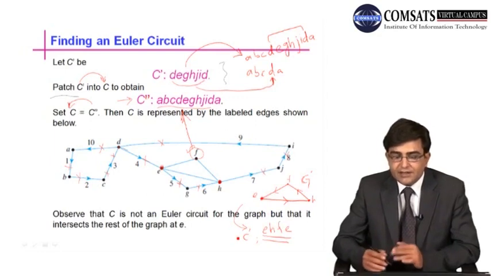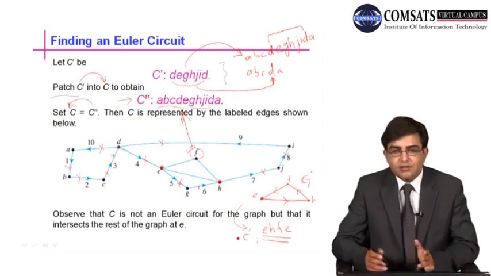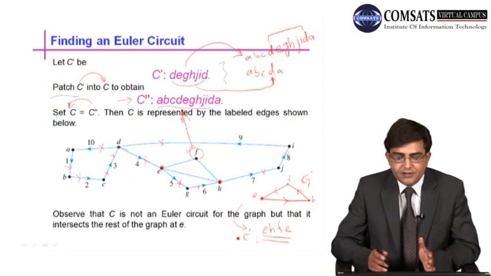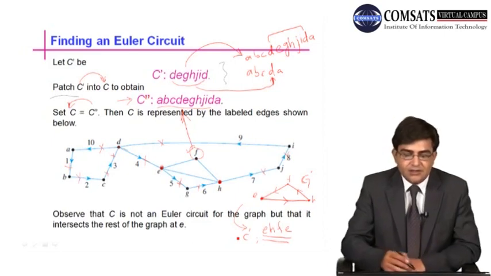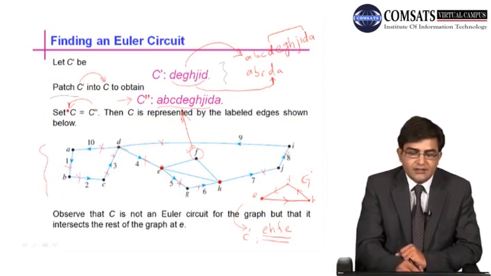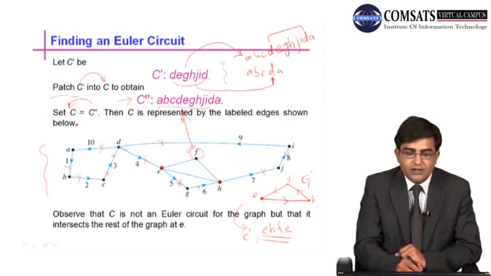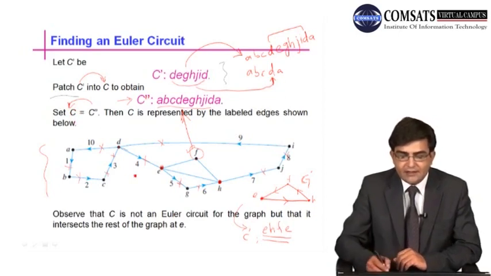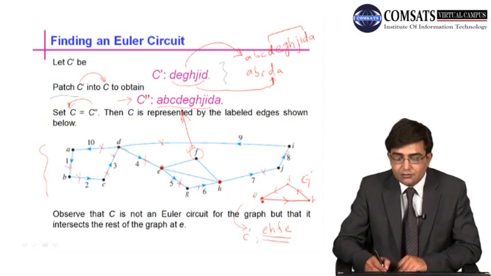As we are repeating step 3, don't confuse this with the notations already used, C and C double dash. Now we are again at the start of step 3, because this whole circuit which we set as C double dash, we again call C. So now we are at C, and the next circuit which we construct, we call C dash.